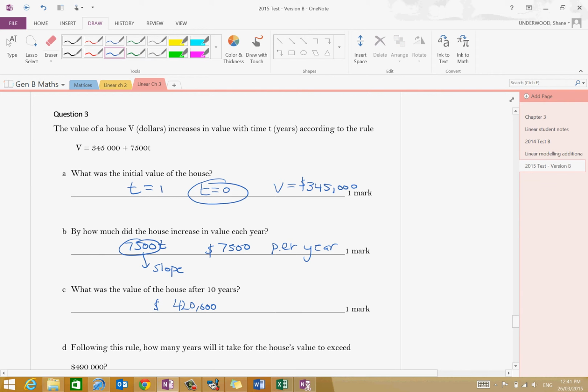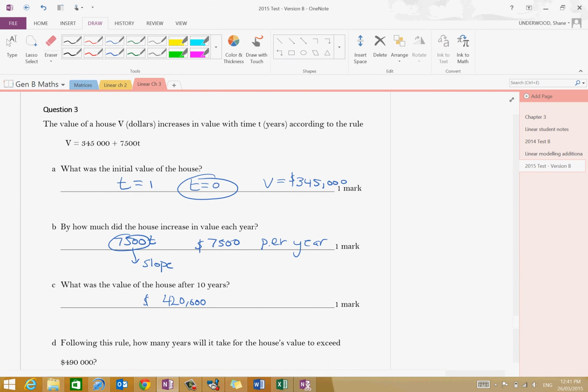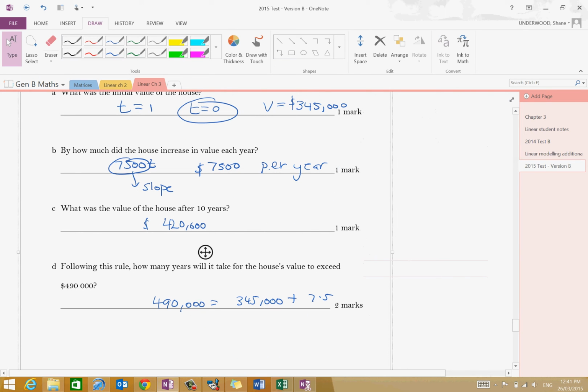And the last one, how long would it take to exceed $490,000? Well, what we had to do is solve $490,000 is equal to $345,000 plus 7,500 t. That was like a method mark.